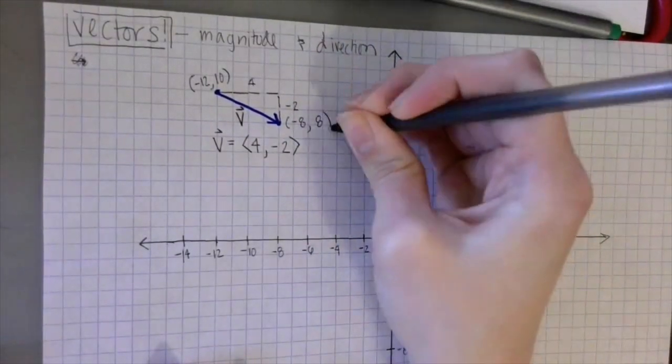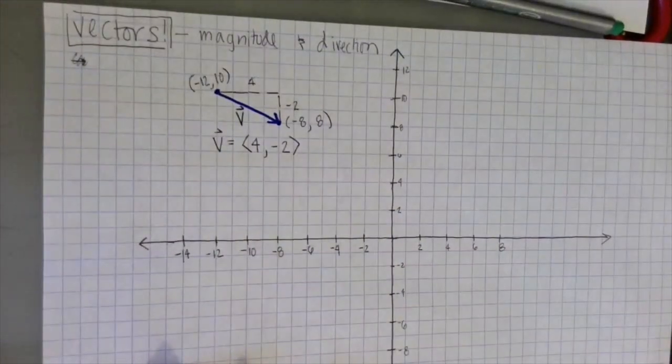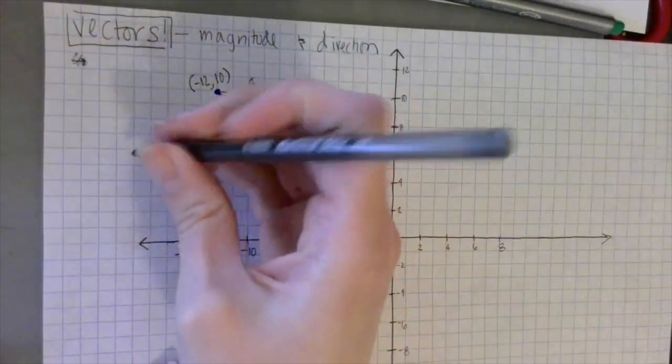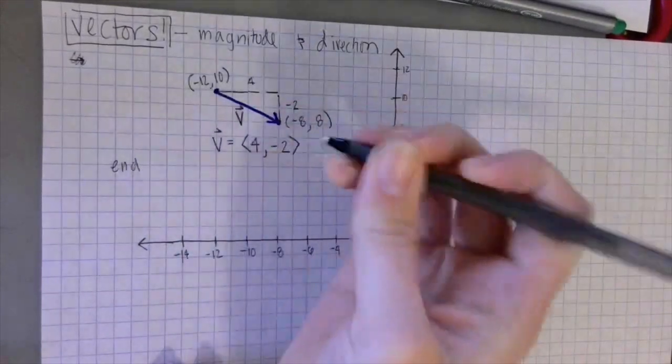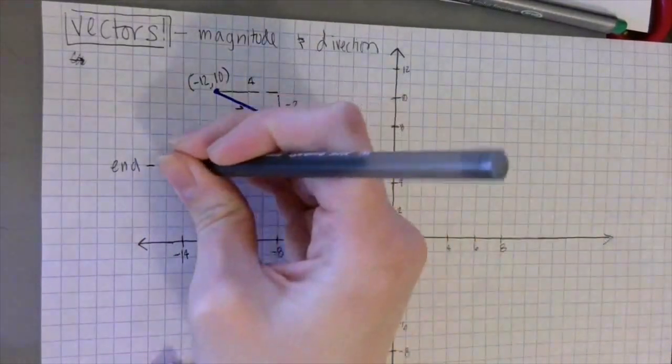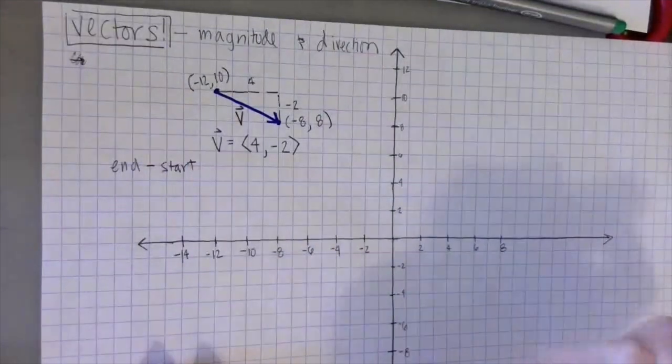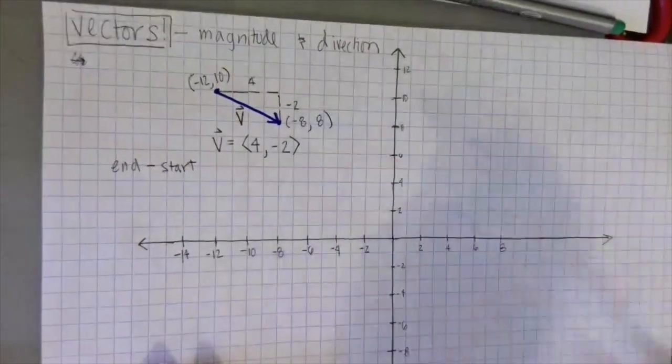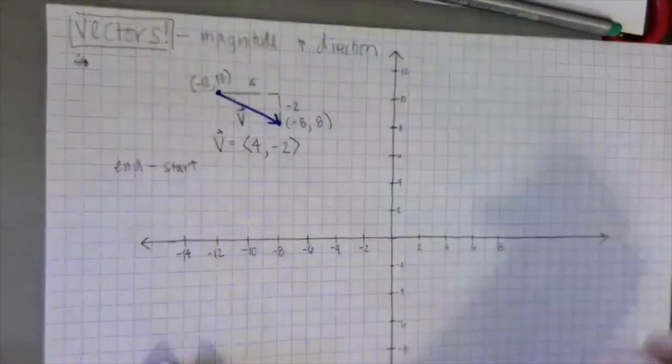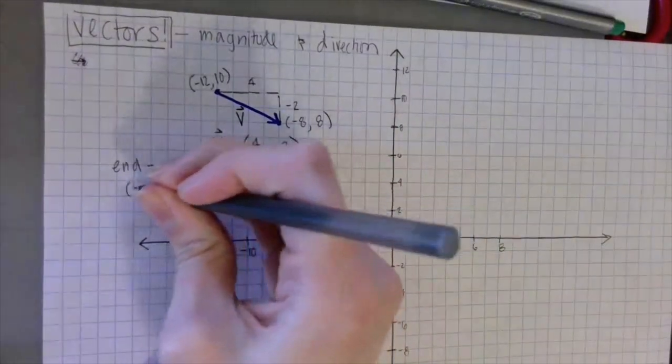I can find vector V by taking the end point and subtracting the start point. So the way this would look, I'm going to take my end point, which is where the arrow is, where the vector is pointing, and that's -8, 8.